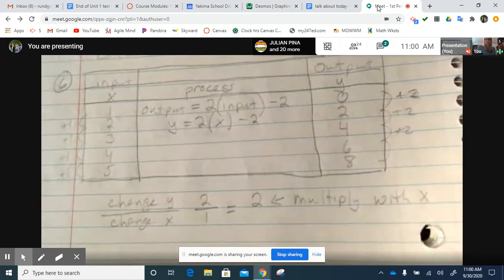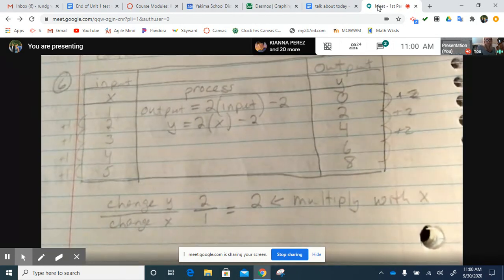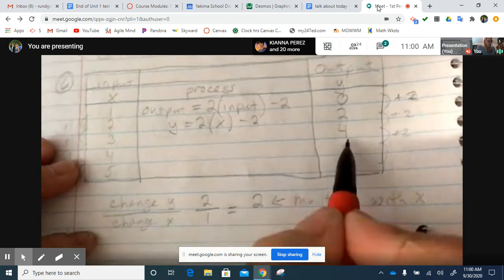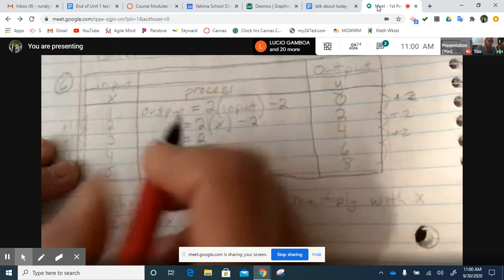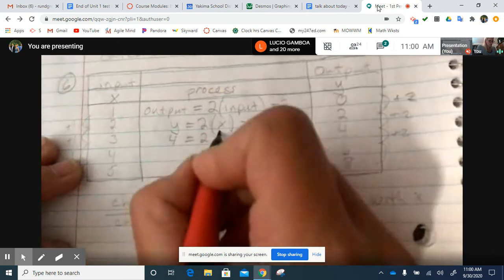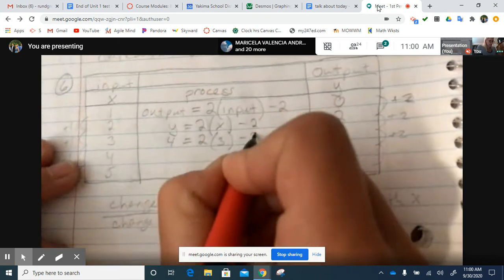Or you could write it with the numbers like Troy said. So our output is the number 4 equals 2 times 3 minus 2.